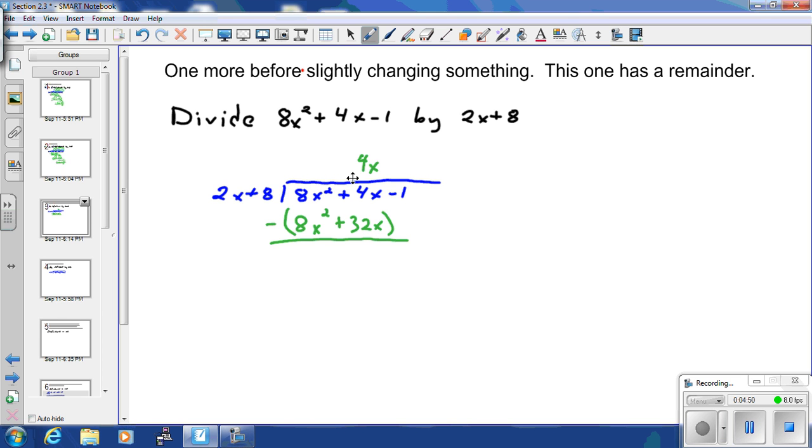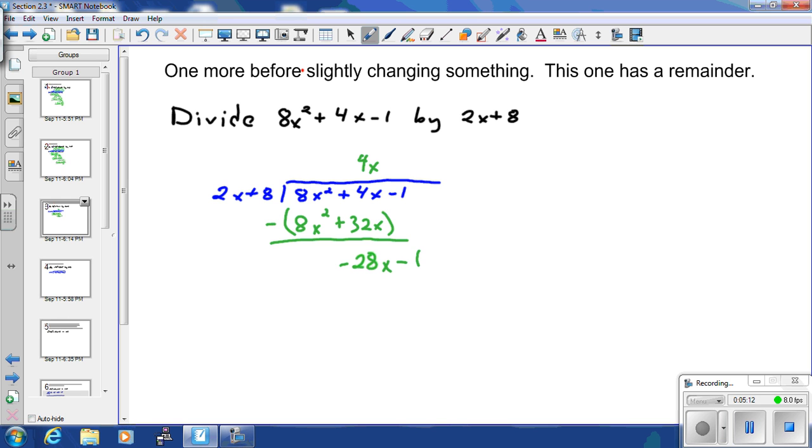Make sure I did that right here. 2x times, okay, that does look right. So we will continue on here. When we subtract, these cancel, I get negative 32x plus 4. That's negative 28x.